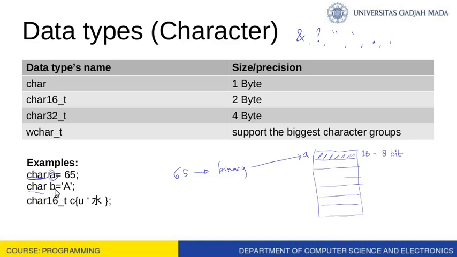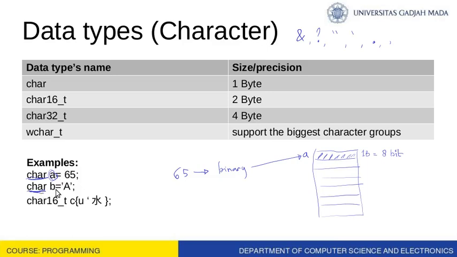So if you have data which consists of one character, whether it is a symbol, a letter, or a number, the char data type is the most suitable.